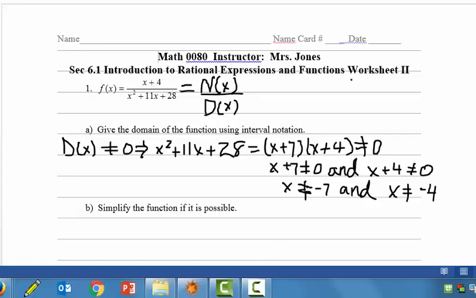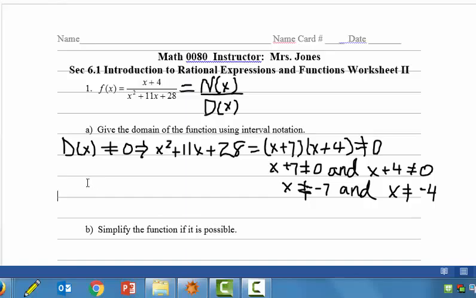All right, so when we give the domain, we talk about what x can be. If we were to make a number line graph, we would be omitting negative 7, so I put an open circle above that to show that's not part of our domain, and we would be eliminating negative 4.